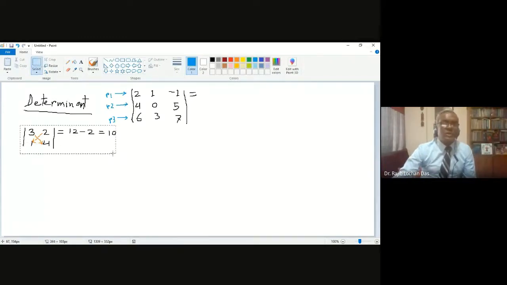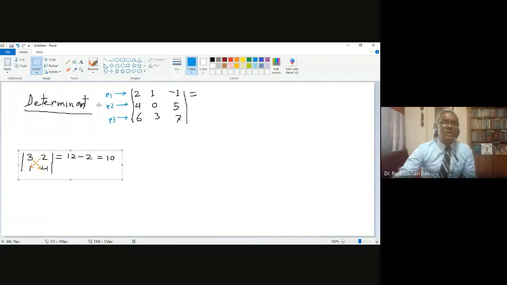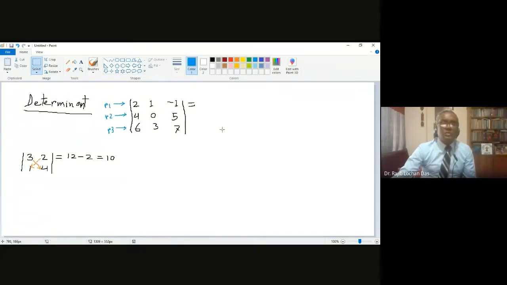These are the columns. So you have 3 columns here. Say the 3 columns are 2, 4, 6. This is one column, C1, and 1, 0, 3. This is column number 2, and minus 1, 5, 7. This is column number 3. So the first thing is you choose any one column or any one row.